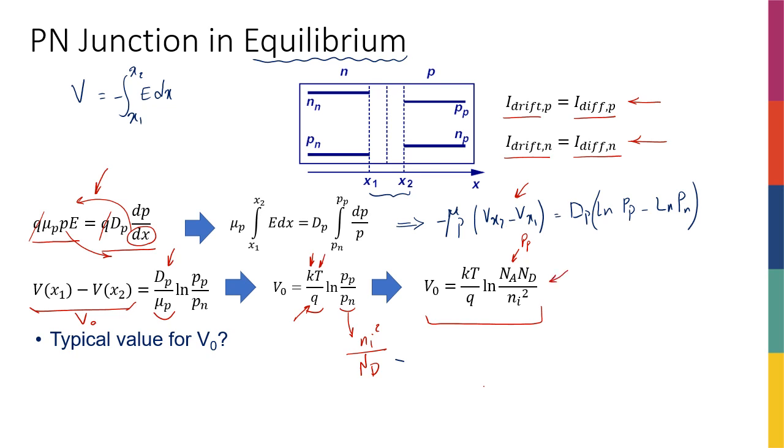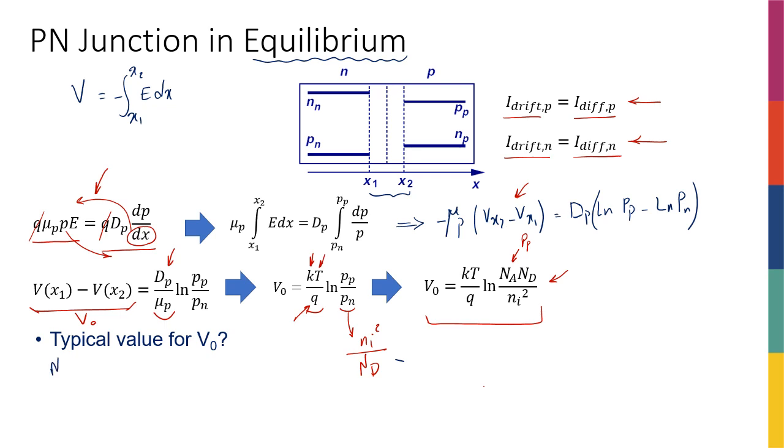So what is the typical value for V naught? Remember when we were doing doping, we said that the doping levels are generally between 10 to the power of 15 and 10 to the power of 17 atoms per cubic centimeter. So let's go with the midpoint.